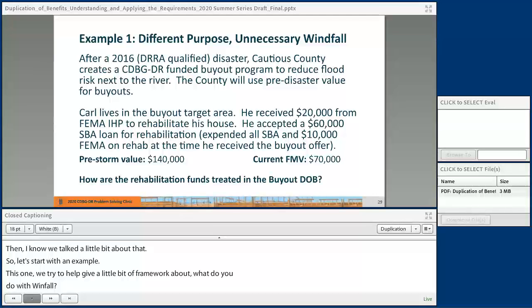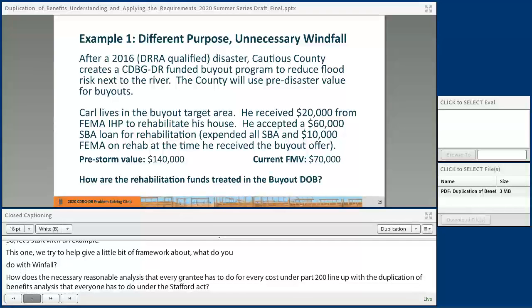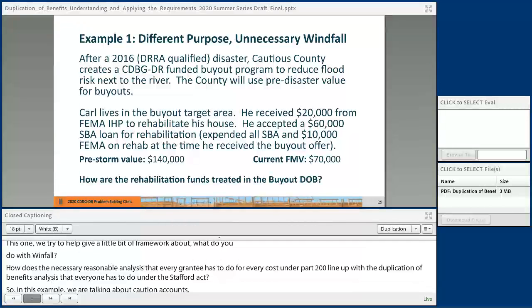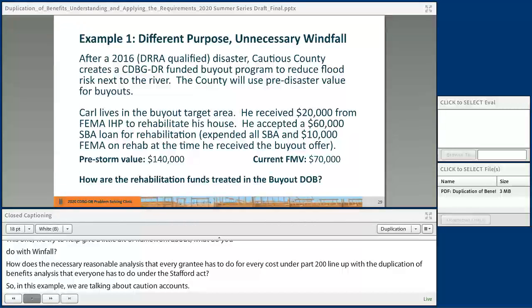So in this example, we're talking about Cautious County, and they had a flood disaster in 2016. And we know from Jen's summary that 2016 is a disaster that qualified for DRRA treatment of loans in the duplication of benefits analysis.